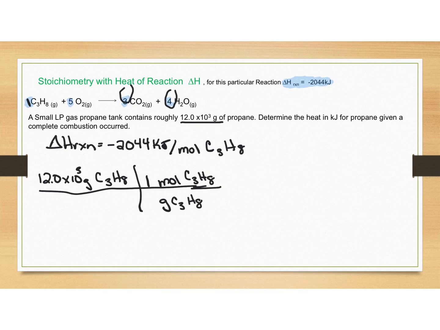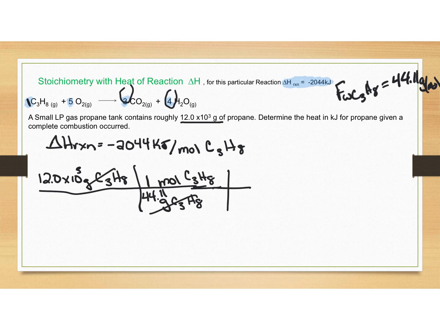So we have to find what is the formula weight of my propane. So I have 3 carbons at 12.01 plus 8 hydrogens at 1.01. So my formula weight for propane is 44.11 grams per mole.